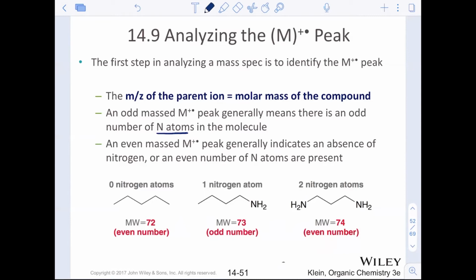So odd numbers, think about nitrogen. Even numbers, we can go either way, no nitrogens or 2 nitrogen atoms. We will discuss how to come up with the molecular formula a little bit in class, but that's not something that I'm really here to assess. I really just want to be able to look at a mass spec and decipher a couple of things about it.